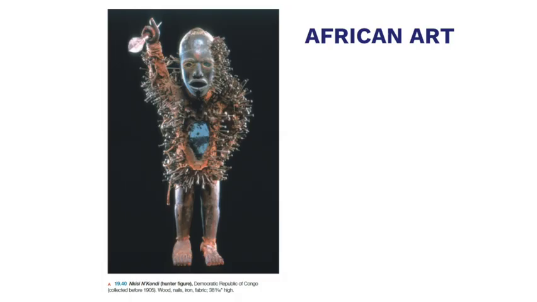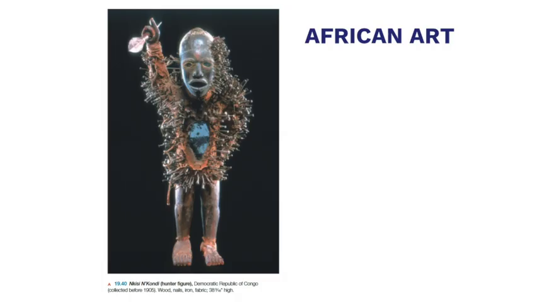So within its center part is a cavity that would have been packed with medicinal objects like herbs or other plants that were considered to be medicinal or magical. And then all around the outside of this figure are nails, and the act of driving the nail into the figure is the act of activating it, is starting its power.